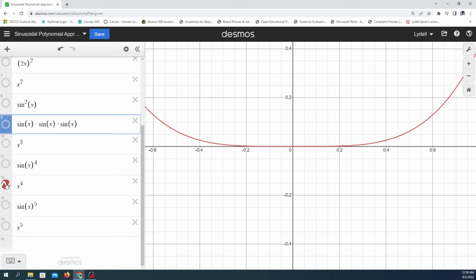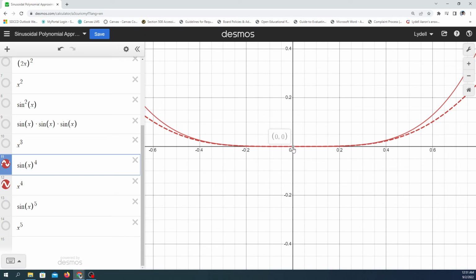Let's start with x to the 4th power, and let's look at sine of x to the 4th power. There's that trend again, almost identical. They diverge just ever so slightly. If we were to distinguish them, notice that the sine is a little bit lower, but they have the same trend.